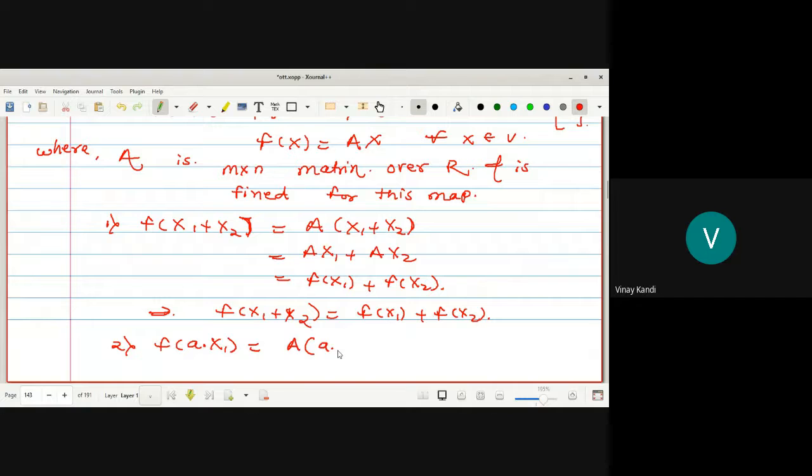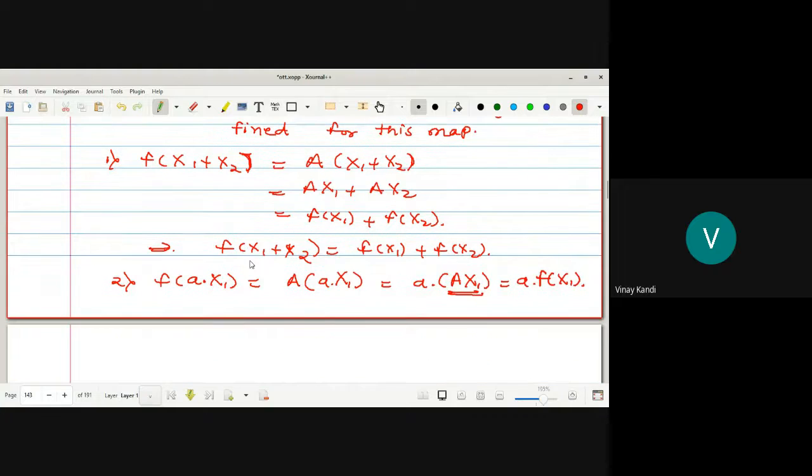Now a is the constant term, so take it outside: a into A into x1, which is equal to a into f of x1. So here we get f of a into x1 is equal to a into f of x1. Hence, f is a linear transformation.